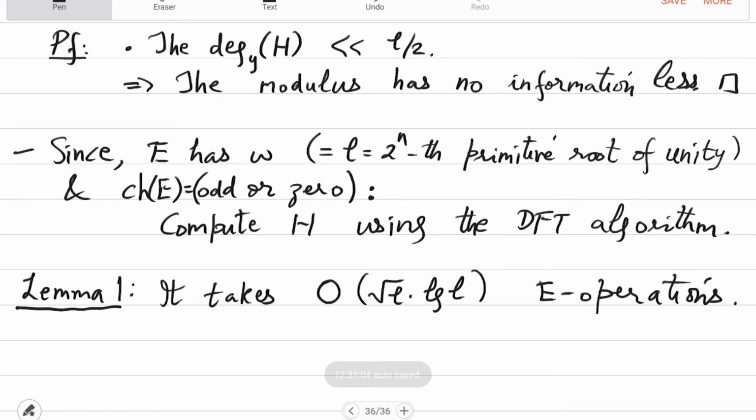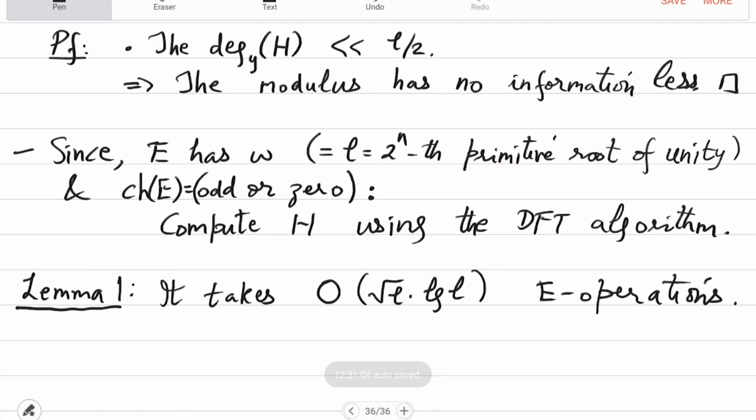So let us see what these E operations are that you require. Basically you are multiplying big F with big G, the coefficients of those. But the coefficients are not of maximum degree, they are of limited degree, around root L. So you only have to multiply root L degree coefficients or add them.